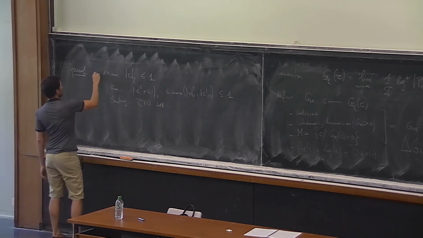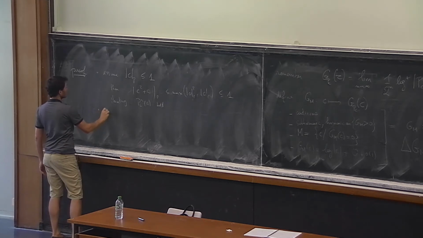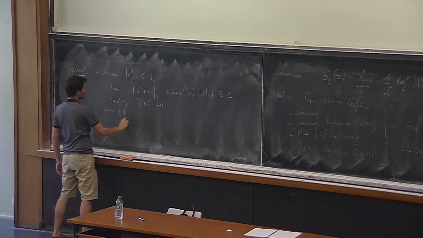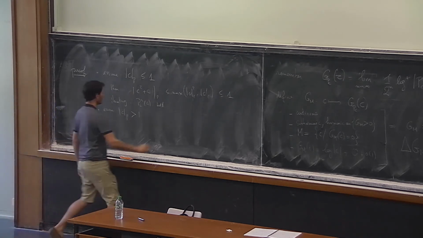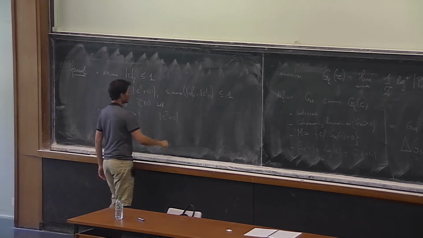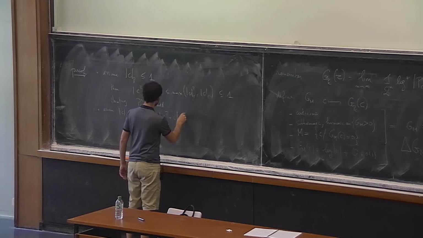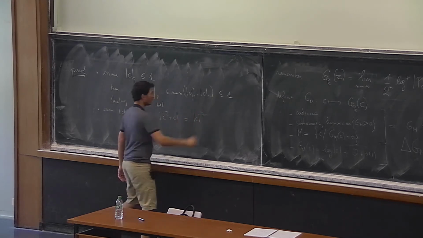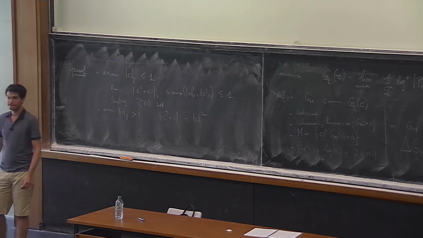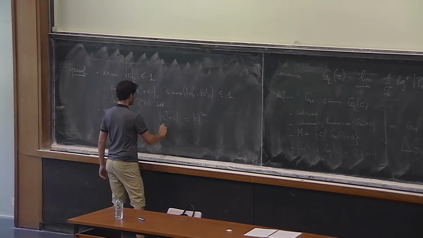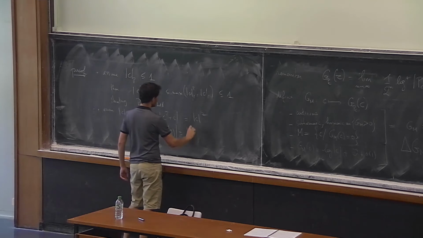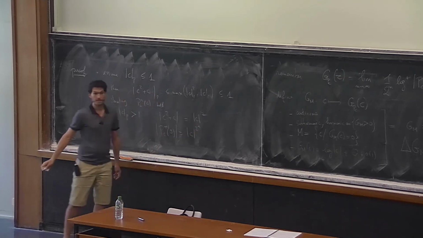Likewise, if you assume that the p-adic norm is bigger than 1, then again, by the ultrametric inequality, this is equal to c squared. And so by iterating, you get that P_c^{n+1} of 0 is c to the 2 to the n.